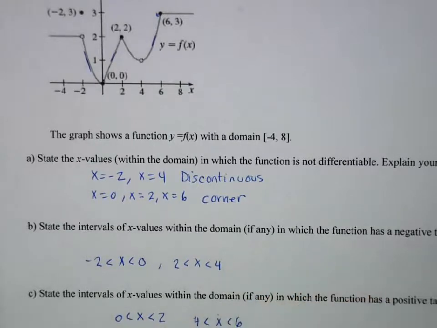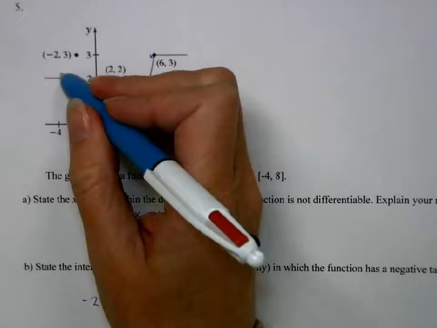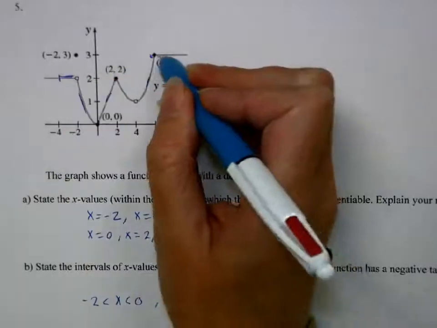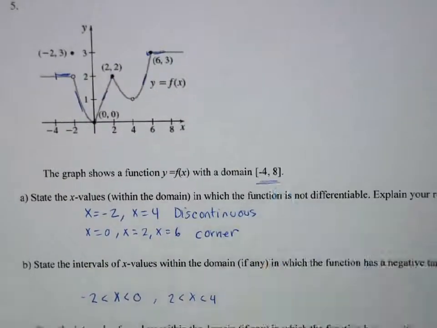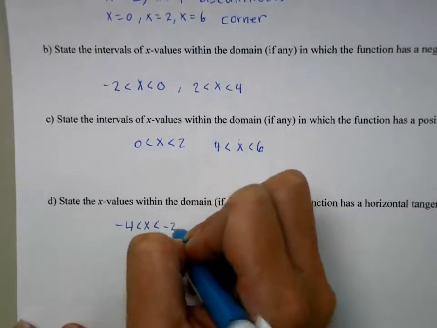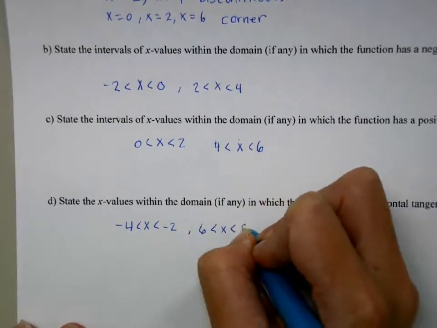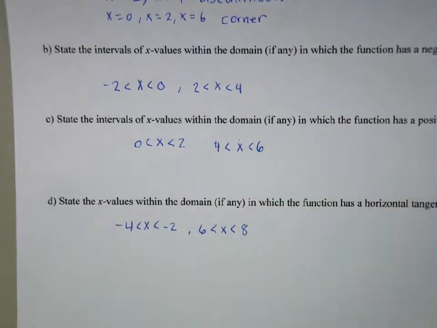Sorry. And then where it has to have a horizontal tangent line, that's going to be here and here. And remember, there's a restriction here. So the last part there is going to be from negative 4 to negative 2, and again from 6 until 8. And that is the calculator portion of your test.